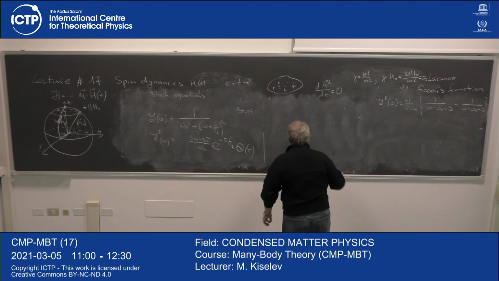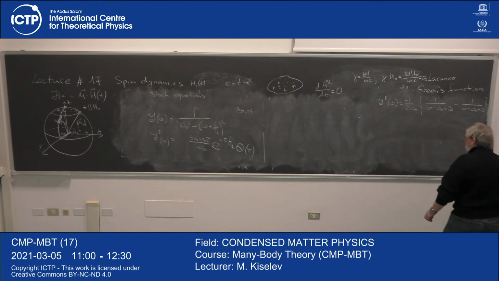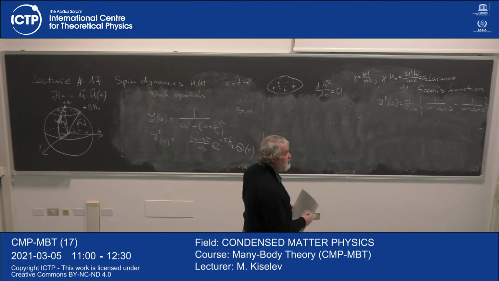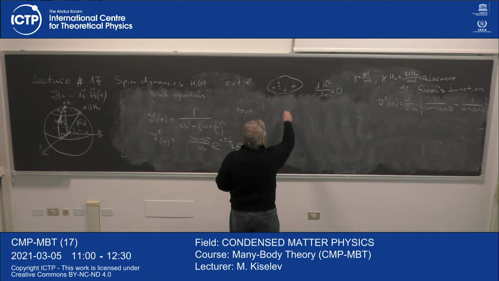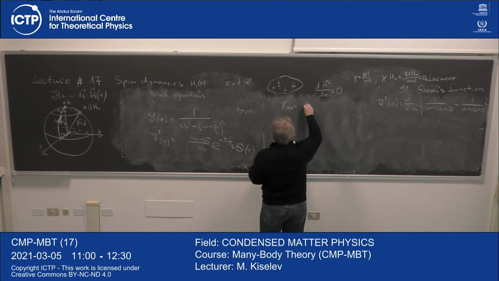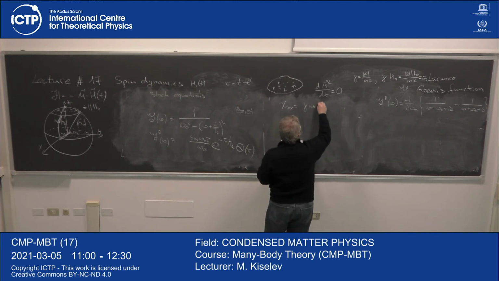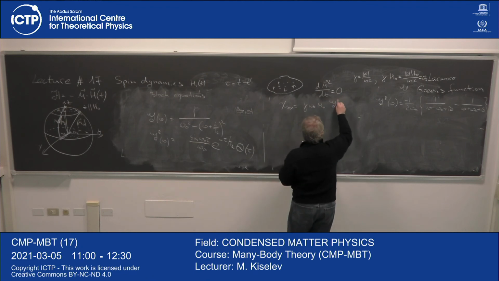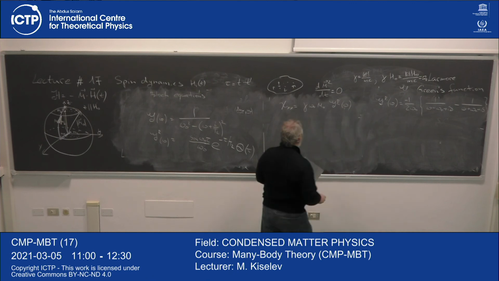Let's discuss the properties of susceptibility in the omega frame. So chi xx is equal to gamma omega naught m naught times G_R(omega).